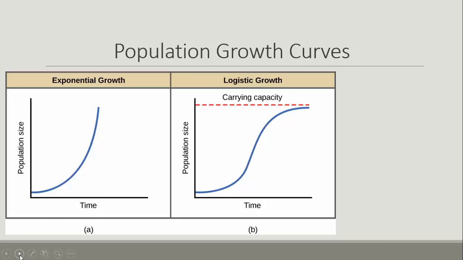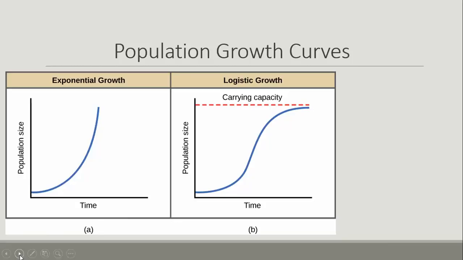We haven't reached any limiting factors that are going to slow the growth rate down. As you can see in the graph on the left, it starts slowly, but then it accelerates as the population increases, because the base size of the population is increasing. So when you plot the number of individuals against time, it gives you this J-shaped curve.